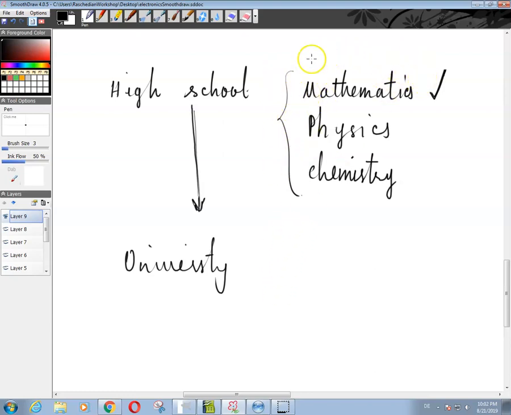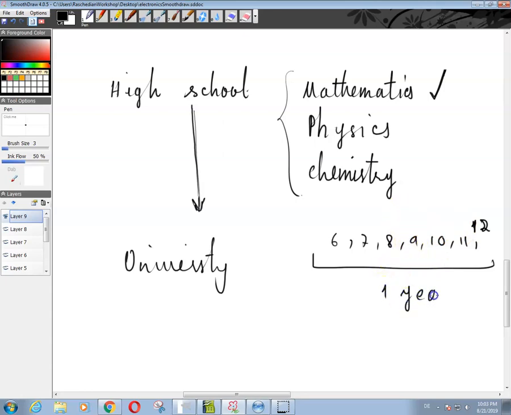For example, for the mathematics part of high school, I started from class 6, then class 7, 8, 9, 10, 11 and 12, and this will take at least a year or so, and you can complete this.